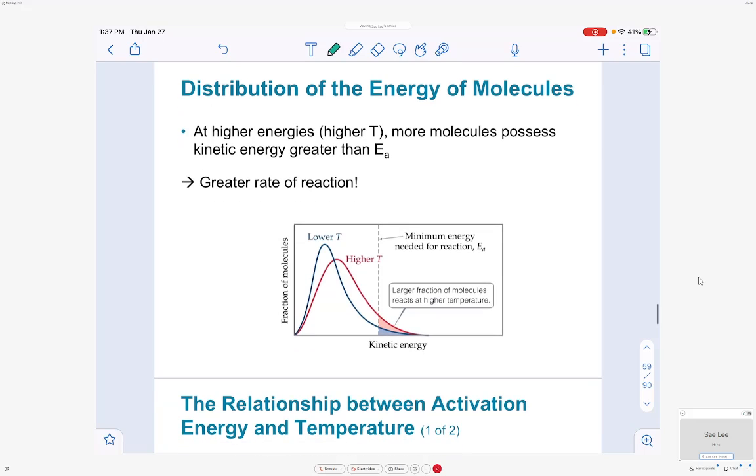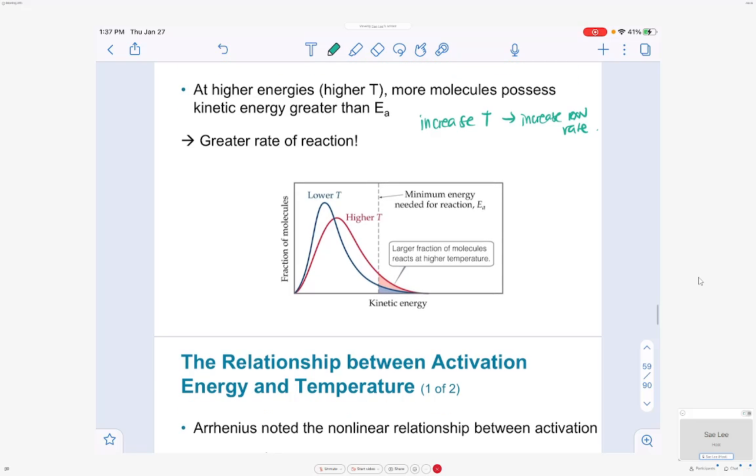All right, so as we learned previously, increasing temperature will increase the reaction rate. At higher temperature, a much greater fraction of the molecules, not all molecules, but a much greater fraction of molecules, have kinetic energy greater than the activation energy, which eventually leads to a greater rate of reaction.